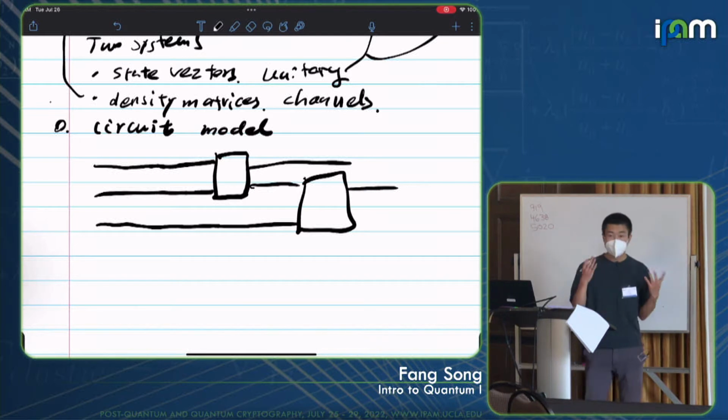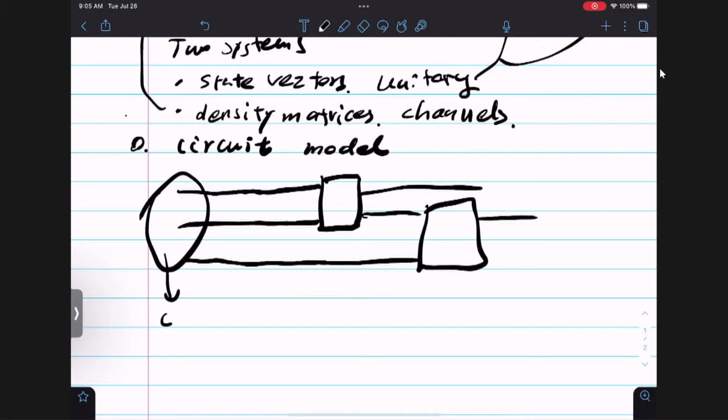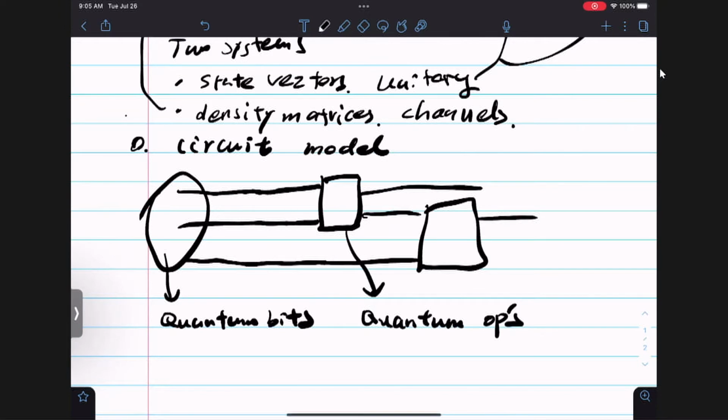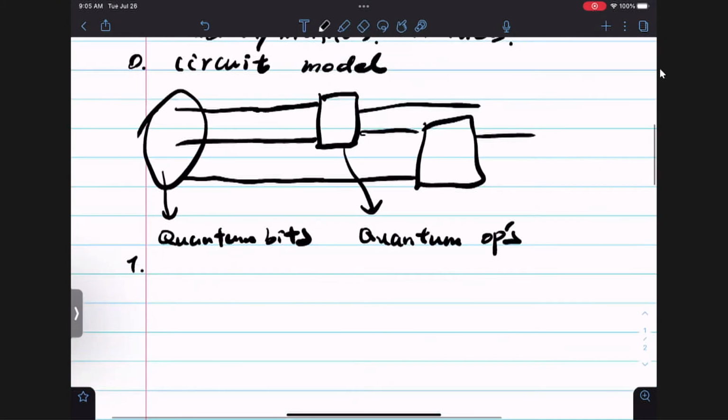So there are going to be new objects. For example, we need to talk about quantum bits or qubits, and also we need to talk about what kind of quantum operations we can apply. Okay, so this brings us to the basic quantum formalism.